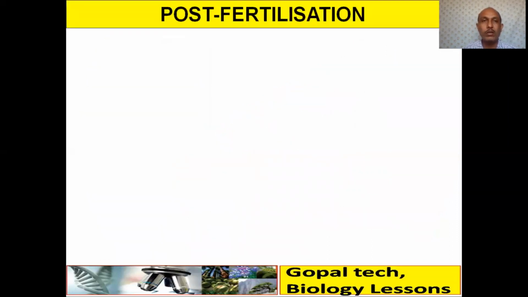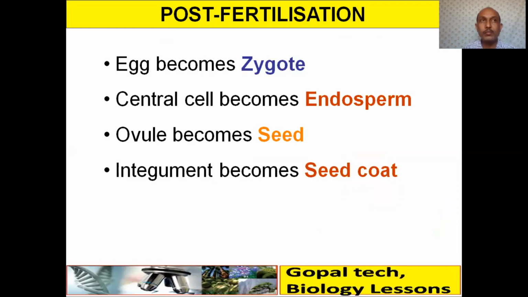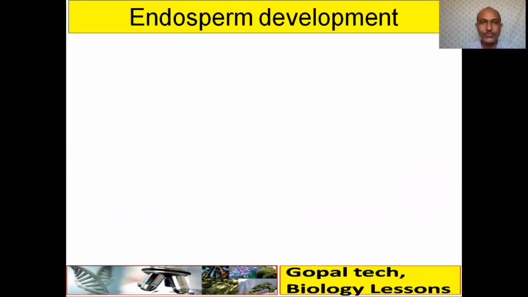Now after fertilization, that is post fertilization, what will happen? Egg becomes zygote, central cell becomes endosperm, ovule becomes seed, integument becomes seed coat, ovary becomes fruit, and the zygote later on becomes embryo.